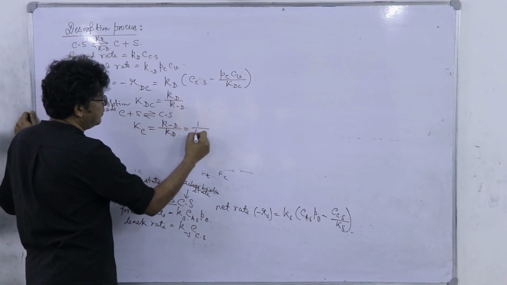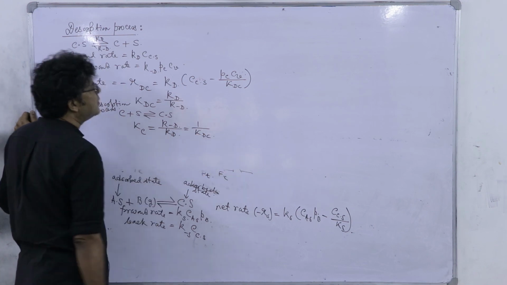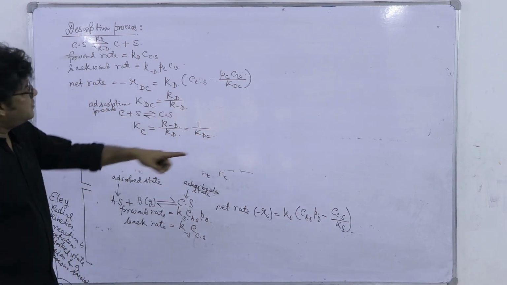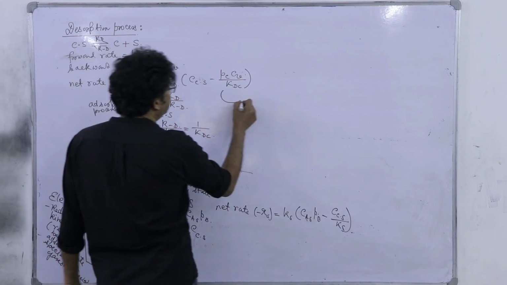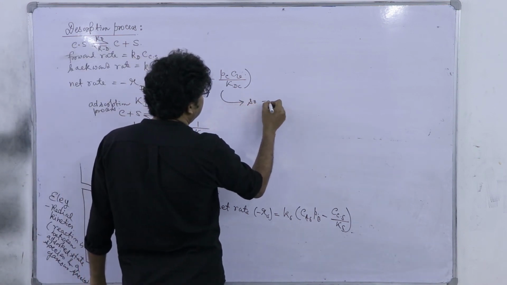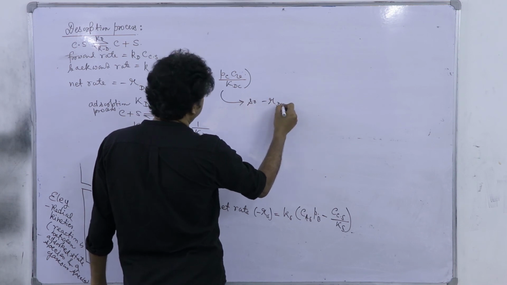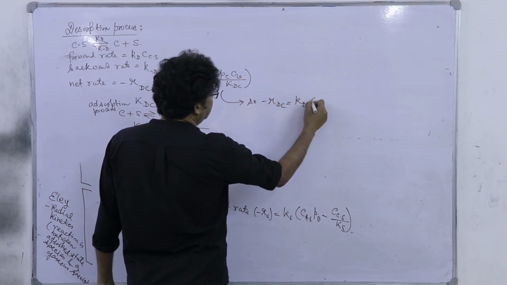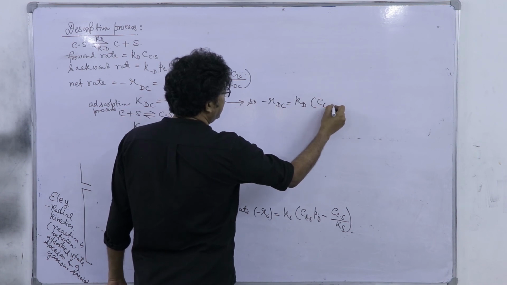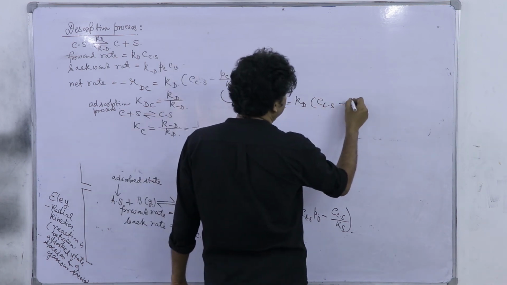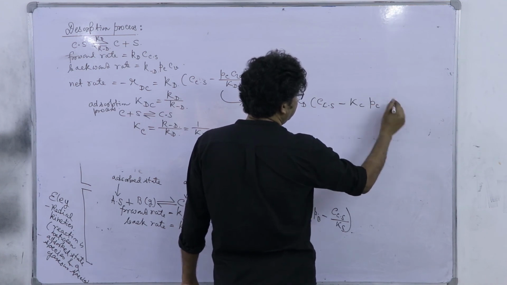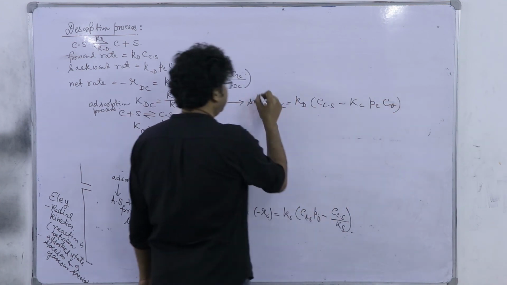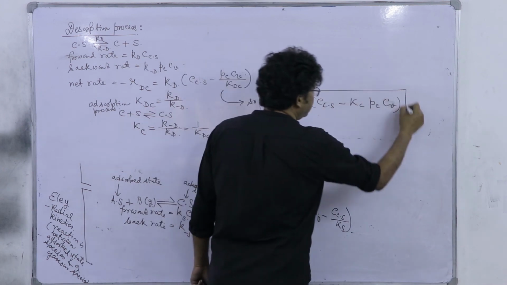So, in a sense it is 1 divided by Kdc. So, the desorption equilibrium constant we can replace by the respective adsorption equilibrium constant. So, minus R dC we can write as Kd into C of C·S minus Kc into Pc into Cv. So, that is the desorption rate we have here.